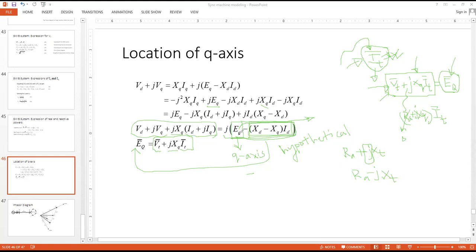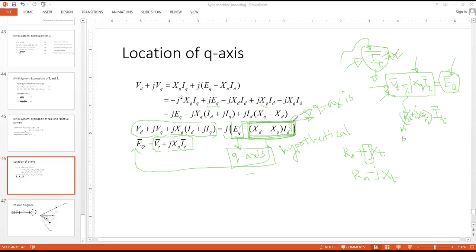So this EQ is lying along the Q axis, and because for the second term there are no other J or J squared, plus or minus, with that, we can say easily that the second term also should lie along the Q axis. Is this clear? The last line that I just mentioned.